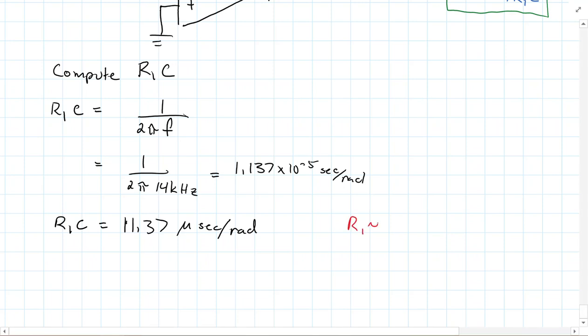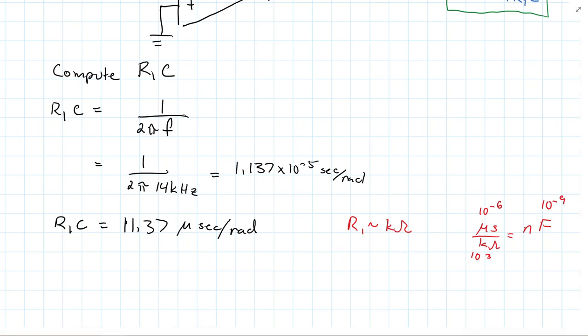If R1 is in the kilo ohm range, like single kilo ohm, you would have microsecond divided by kilo ohm, which gives you nanofarad, because you have 10 to the minus 6 divided by 10 to the third, which is 10 to the minus 9, which is a reasonable value for a capacitor.